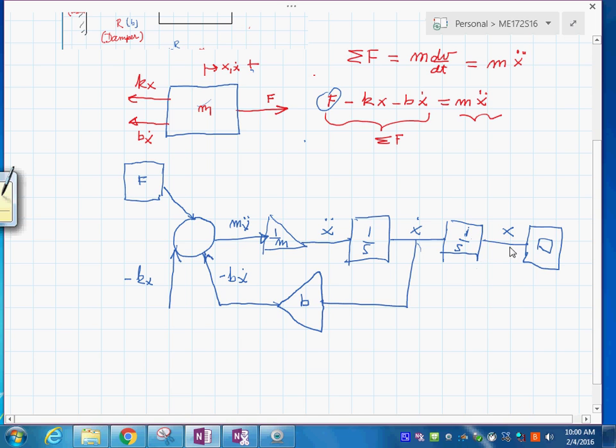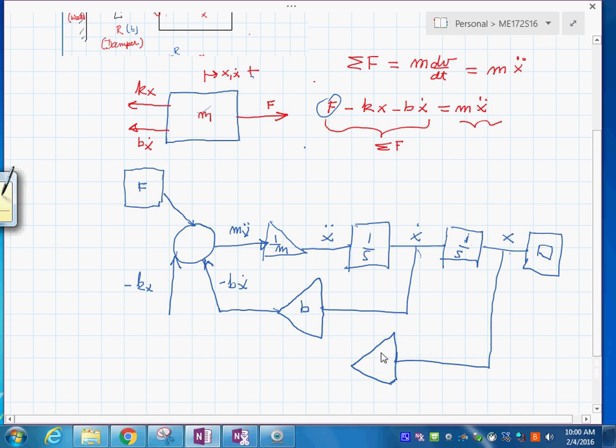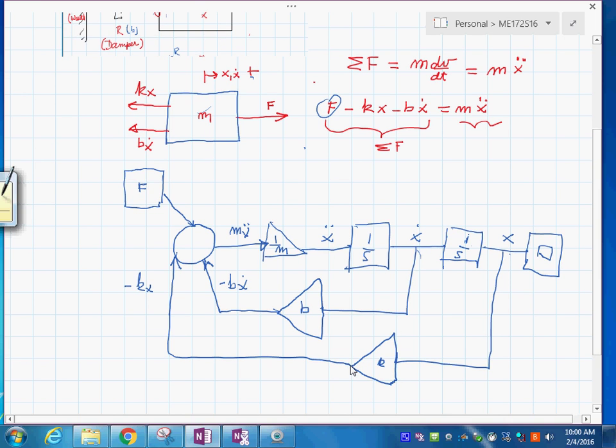Or if you take x and multiply by k, you obtain this. So this is my block diagram that we need to work with in Simulink.